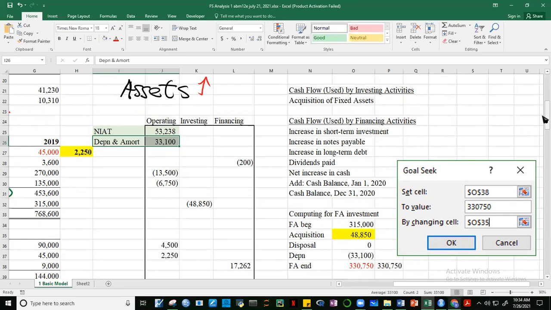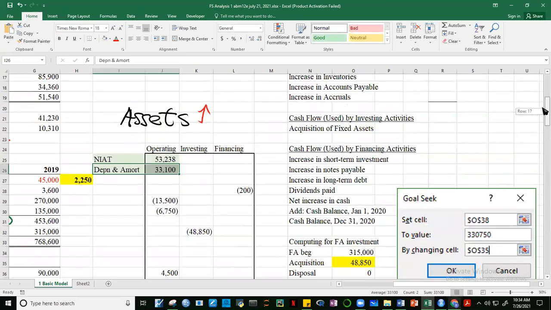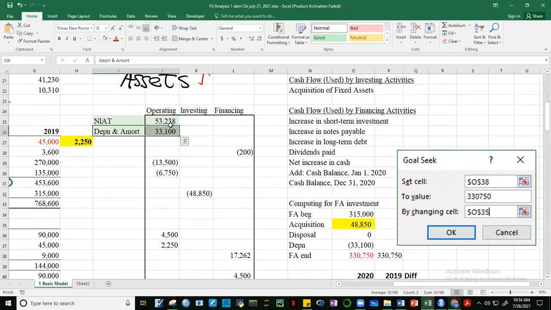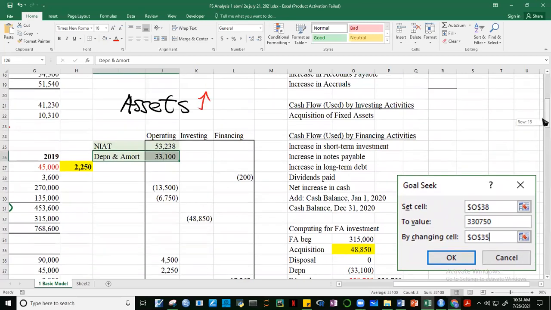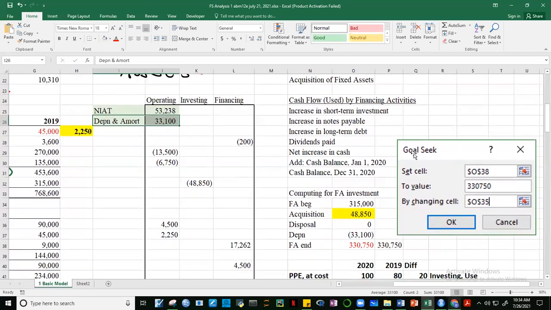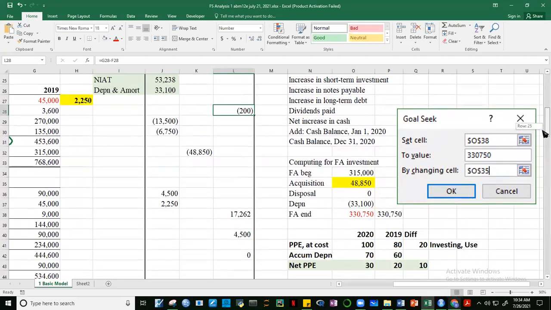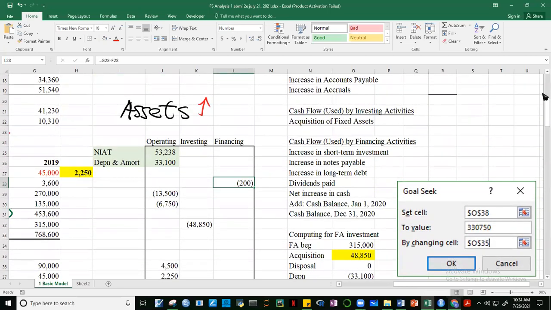Opposite nun, nag-decrease sila, use of cash. Okay? The only problem left, guys, is to be able to identify kung ano ba to, operating, investing, financing. Current assets, guys, except yung mga interest-bearing will form part of your financing. Okay? Equipment, land, property, plant, and equipment will always be part of your investing.